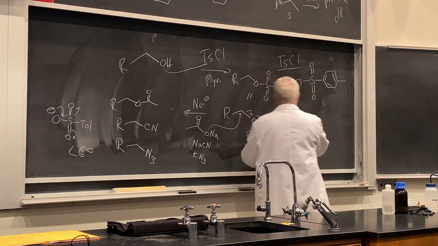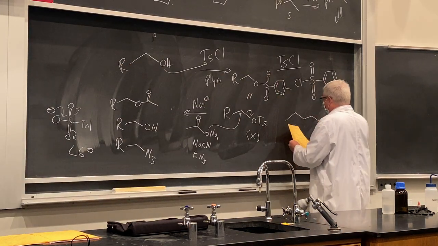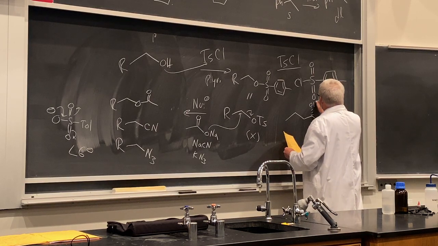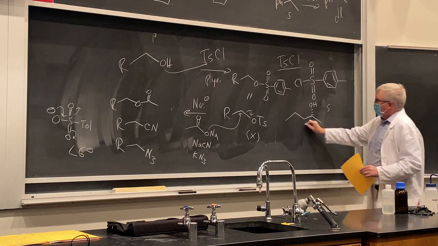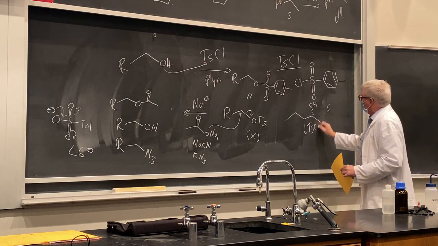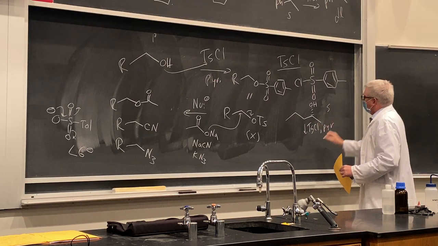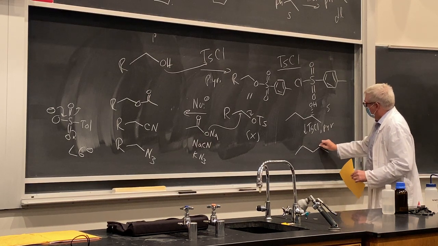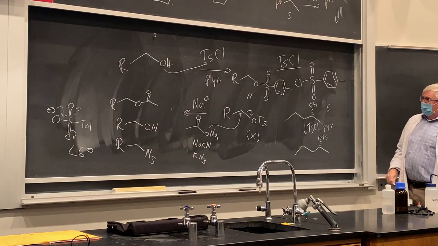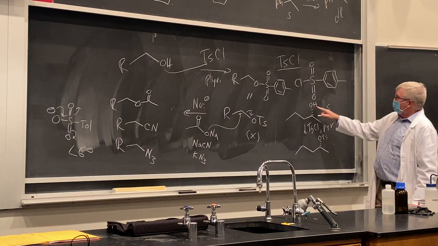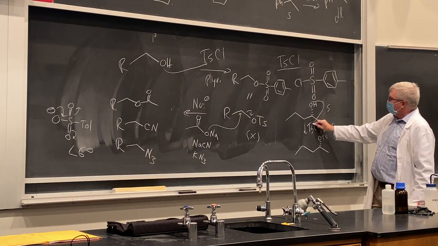Here's another reaction. Let's do this one. If we react this secondary alcohol, what is that? That's S. We can react that with tosyl chloride and pyridine. And look, we'll get the S tosylate. The mechanism here forming the tosylate is the alcohol just directly attacking the sulfur.